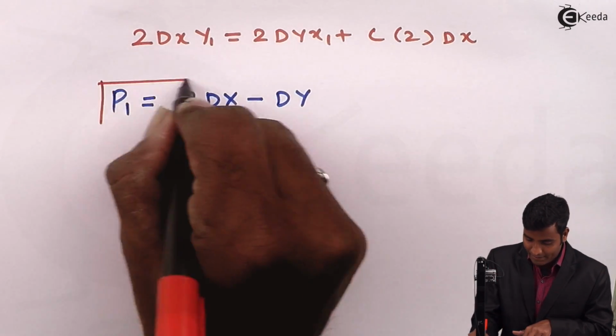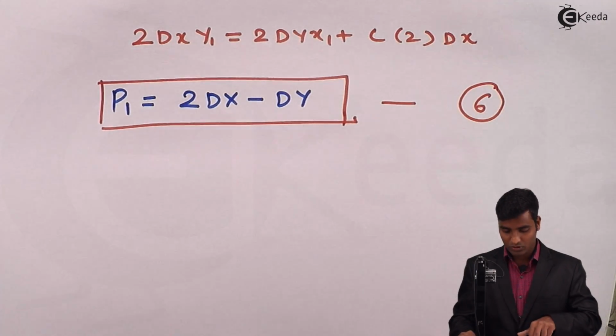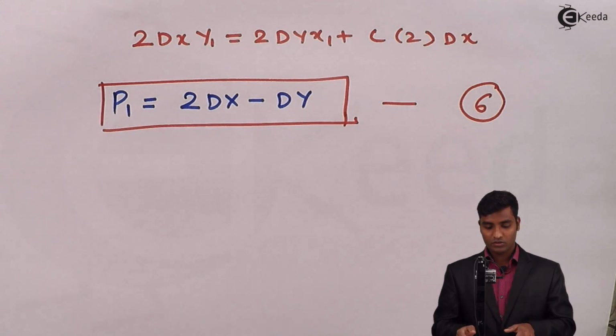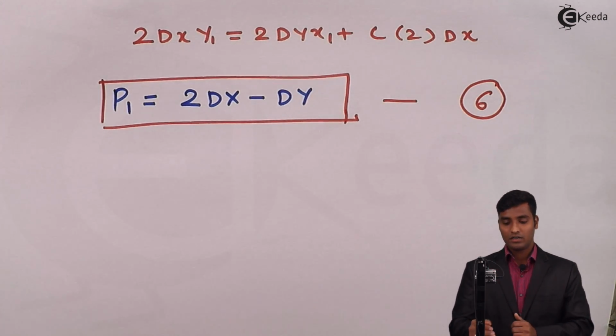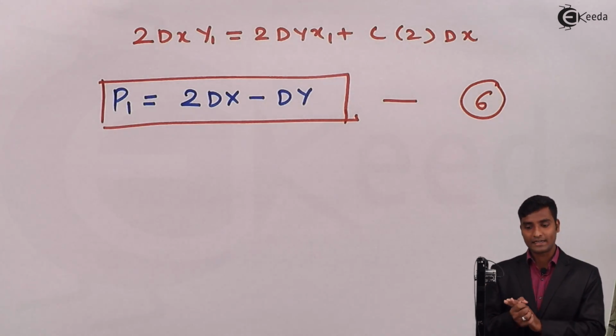So I will name this equation as 6. So this is the final equation. So by this we can solve the algorithm problems for slope less than 1 and slope greater than 1.